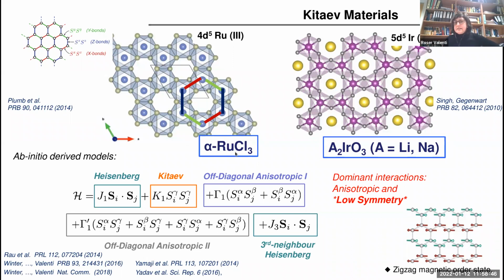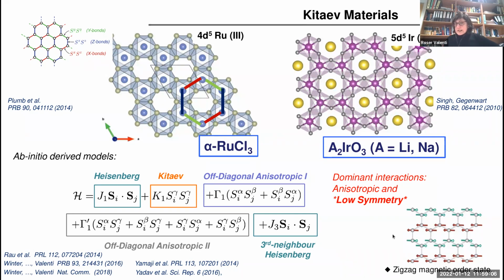Now the point is, these materials are not perfect. Therefore, even though the strongest interaction is a Kitaev interaction, there are also other terms which in fact prevent these systems from showing a spin liquid phase. So in fact, all these materials order.